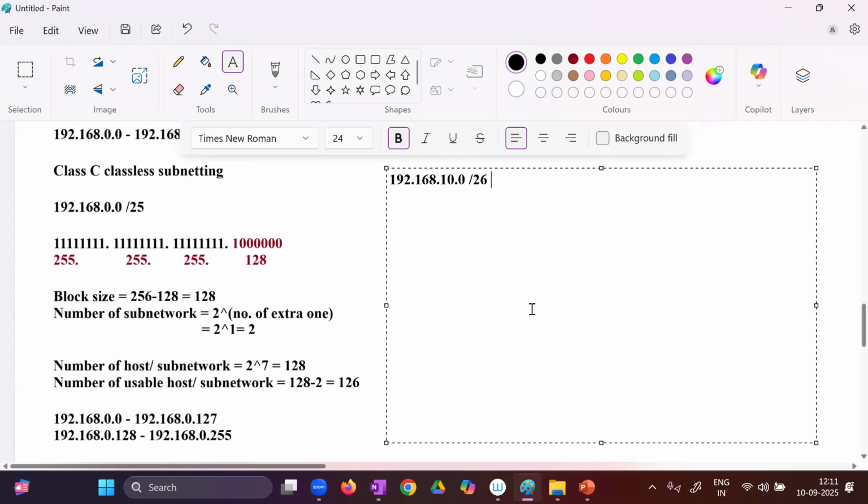You have to write all the subnetworks, everything. Find block size, find number of subnetworks, then find number of hosts per subnetwork and number of usable hosts per subnetwork.